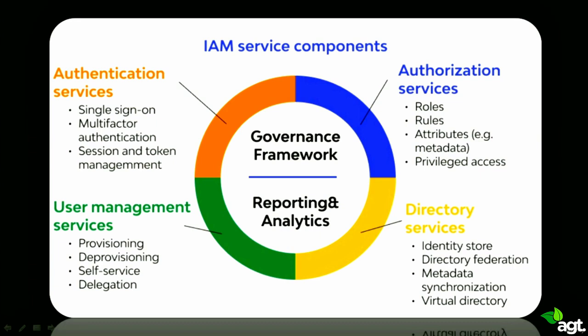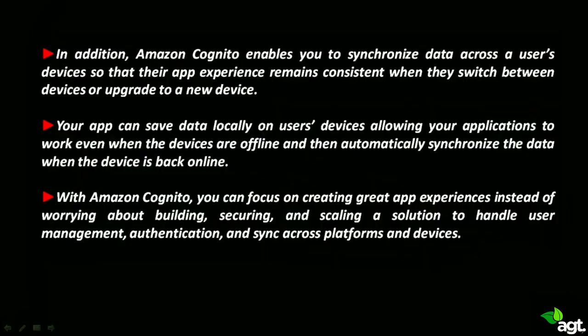As well, we need to understand that directory services are connected with the identity source, and that store level will be connected with directory federation, metadata synchronization, and virtual directory. This is a model of IAM service components, and it starts with the governance framework and the reporting and analysis process. So Amazon Cognito includes a number of identity and access management capabilities, which I have explained here.